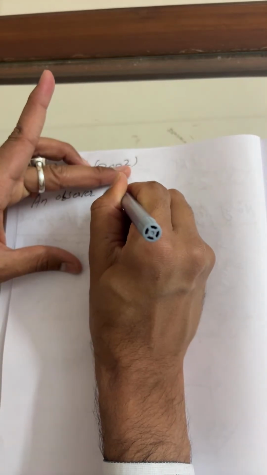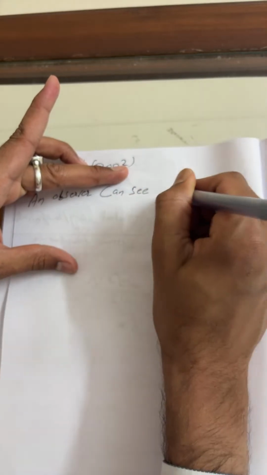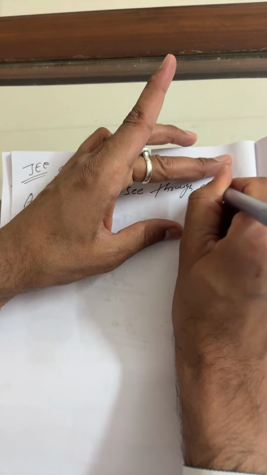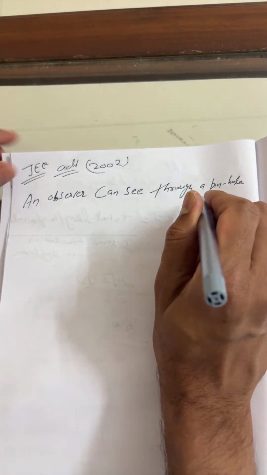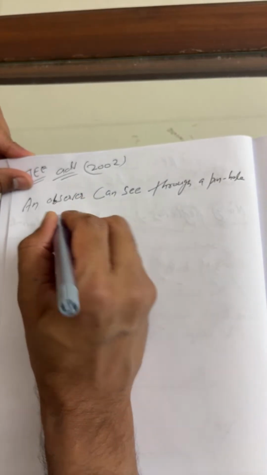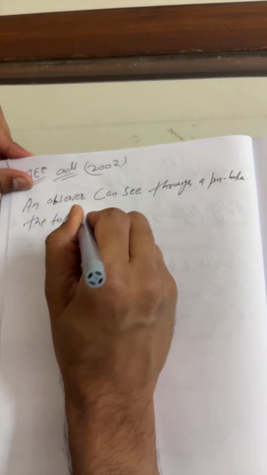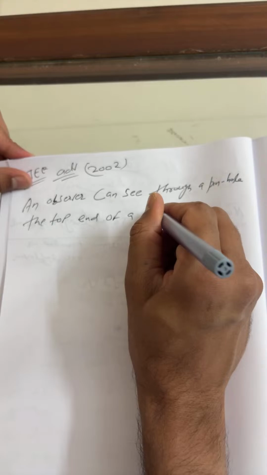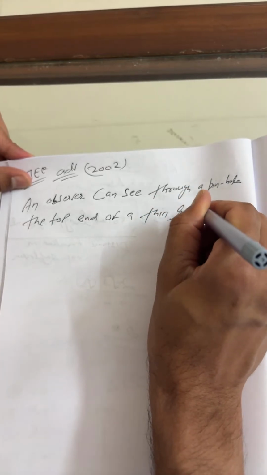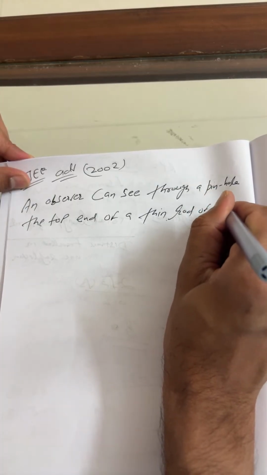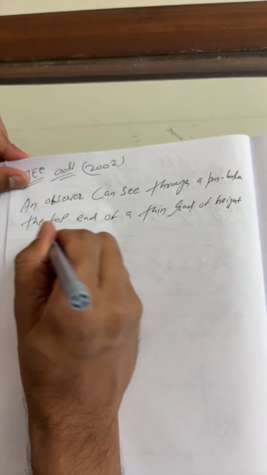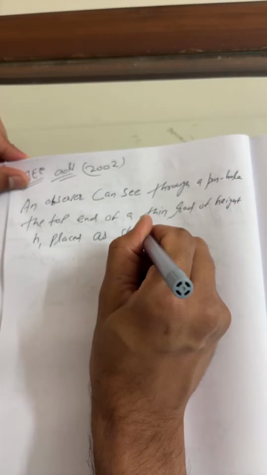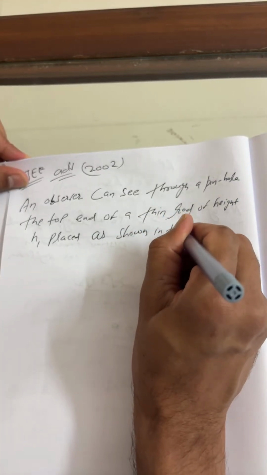An observer can see through a pinhole the top end of a thin rod of height h placed as shown in the figure.